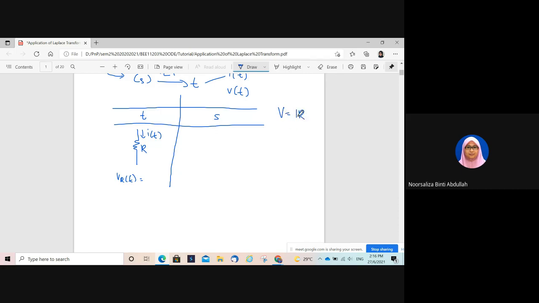Voltage equals current times resistor. So here v_R(t) equals i(t) times R. Betul ke? Betul.